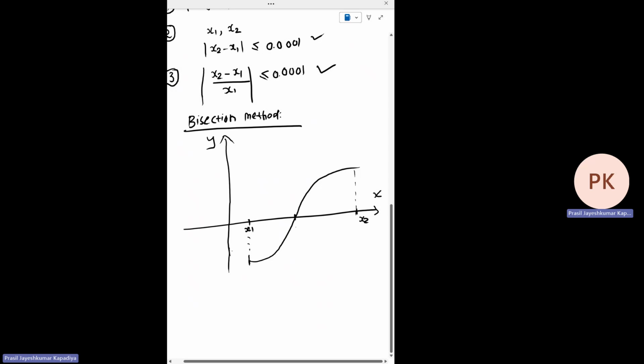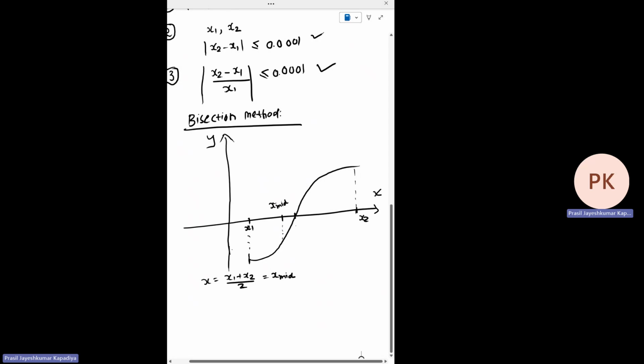So what do we do now? We divide our interval. Let's say I am finding x equal to x1 plus x2 divided by 2, and I am calling it x mid. Let's say I get x mid somewhere here. This is just an approximation. According to this x mid, my f of x is negative, x2 is positive, and x1 is negative.